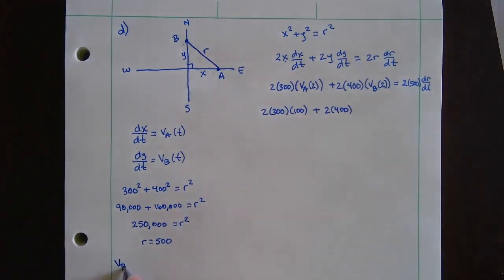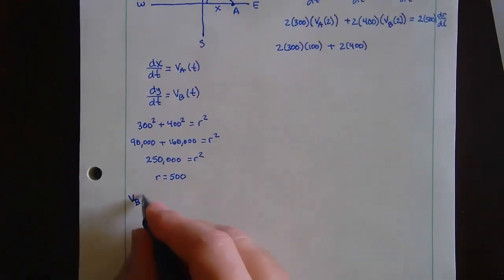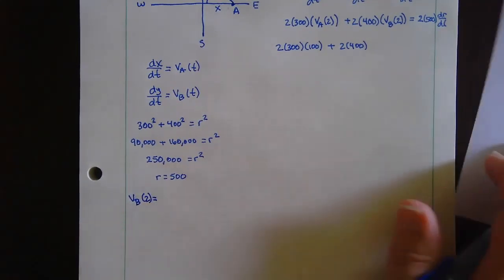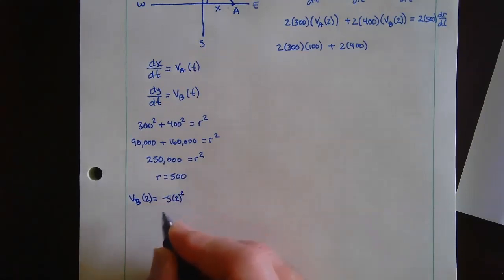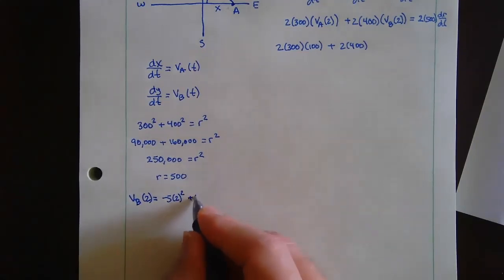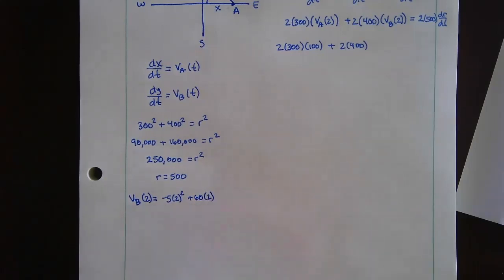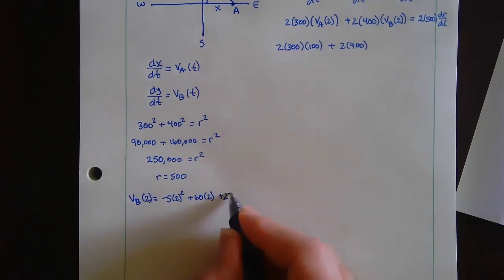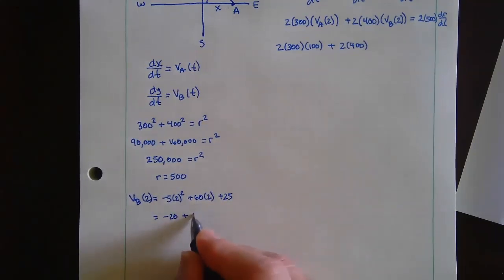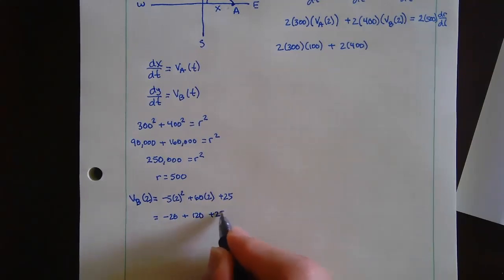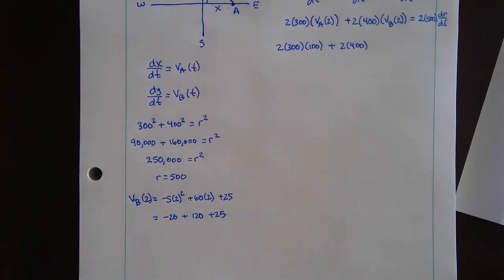So v sub B of 2 is equal to negative 5 times 2 squared plus 60 times 2, and then plus 25. So that'd be negative 20 plus 120 plus 25. Okay, and so that'd be 125. And that's the velocity of train B at 2 minutes.